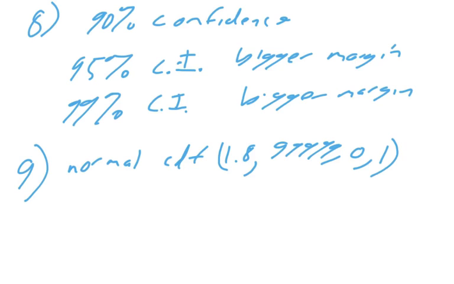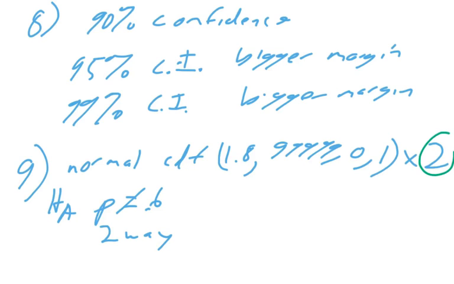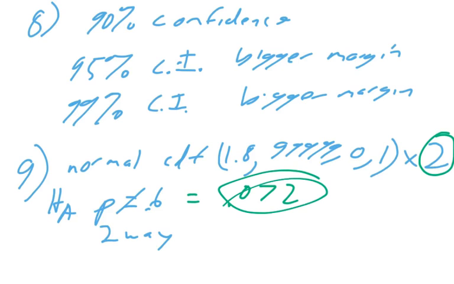And then after I get this answer, I'm going to multiply that by 2 because the alternate hypothesis was p is not equal to 0.6, which means this is two-sided, which is why I'm multiplying by 2, which in this case was 0.072, and that's my p-value. The next video I do will have the other set.